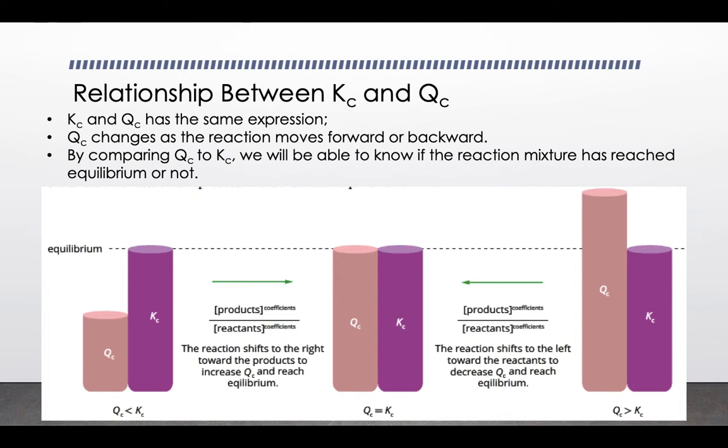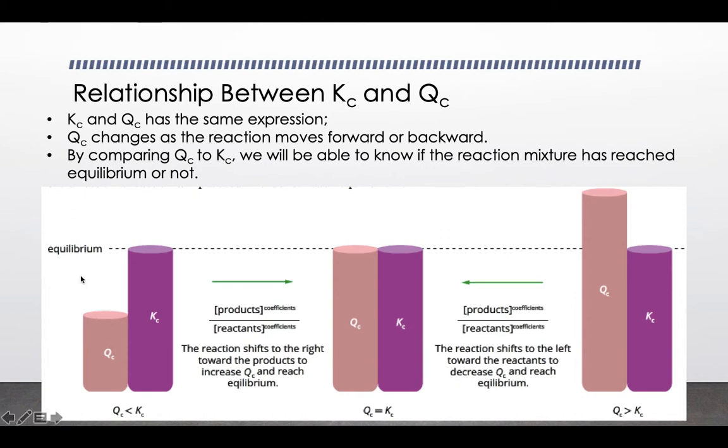Okay? So if your QC is smaller than Kc, it means this reaction is going to go forward a little bit so as to produce more products. If your QC is larger than Kc, it means you actually have more products. The reaction is actually going backwards at that moment, and once it reaches equilibrium, it will contain more reactants.